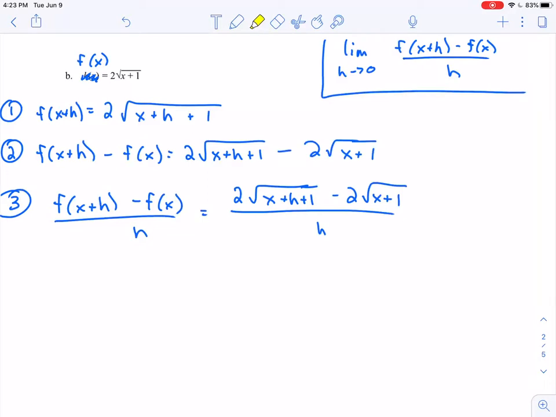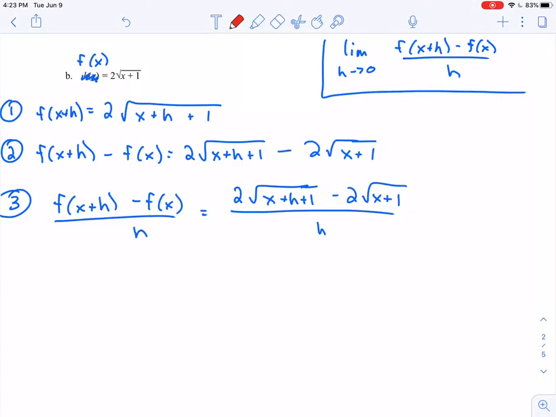So here's where we might need to start thinking outside of the box. What I want to do in this problem is find a way to get rid of these radicals, because that's what's causing a problem. That's what's keeping me from simplifying the numerator. I can't do anything with that.